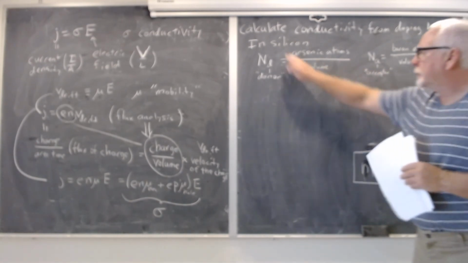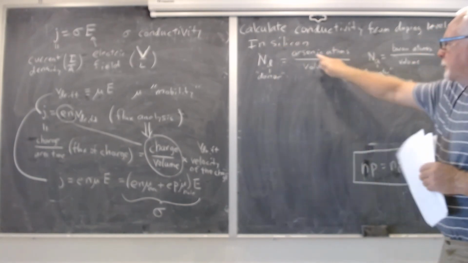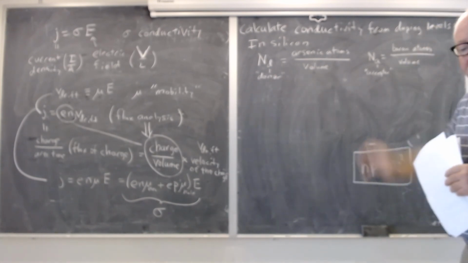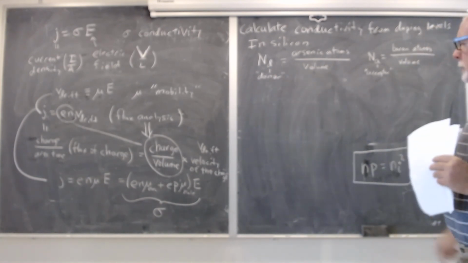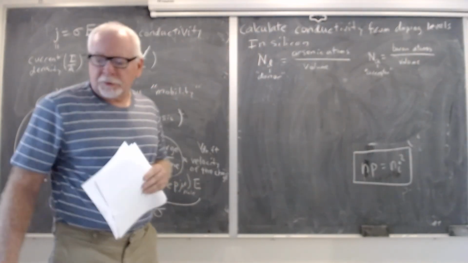You understand that in a different semiconductor it might be a different atom here. N sub D is the volume density of donor atoms, and N sub A is the volume density of acceptor atoms.